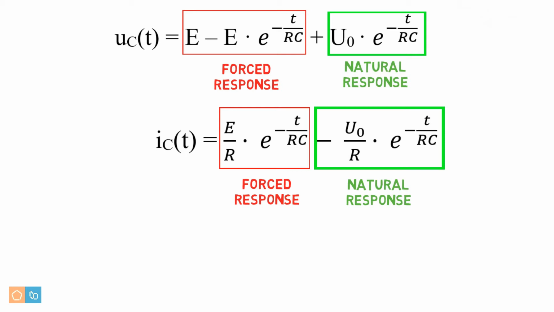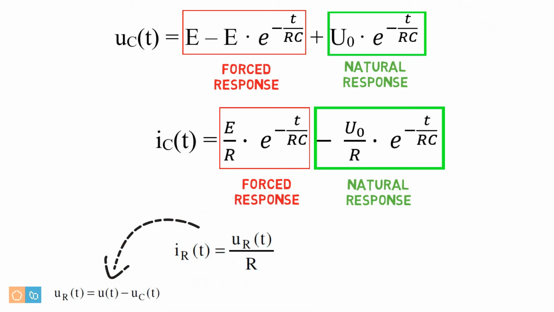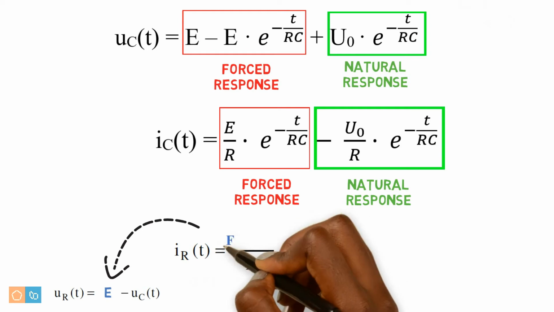The current through the capacitor and resistor can be determined by the famous Ohm's law that you probably know like the back of your hand. IR equals UR divided by R. In this circuit, the voltage across the resistor is given by UR equals U minus UC, in which, according to the initial conditions already referred, that is, U equals E, the voltage across the resistor equals E minus UC.